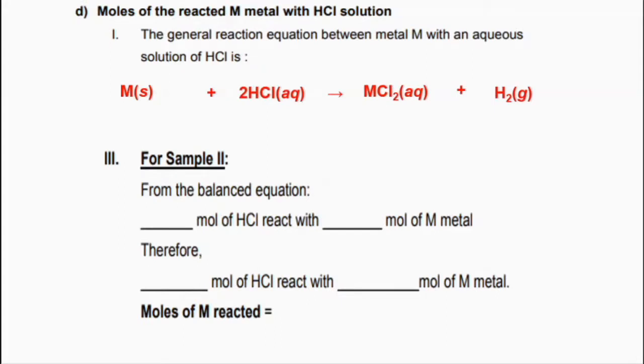Now let's look at the second sample, sample number 2. Same as the first sample, we refer to the equation: 2 moles of HCl react with 1 mole of M. For the second sample, the moles of HCl reacted with M was 0.00302 moles, and therefore the moles of M metal reacted was 0.00151 moles.